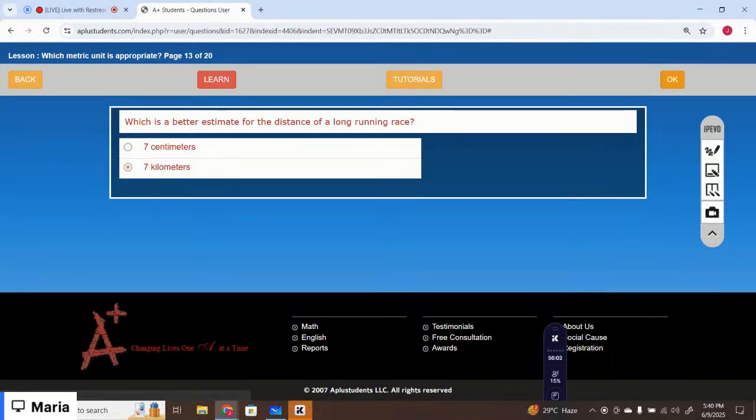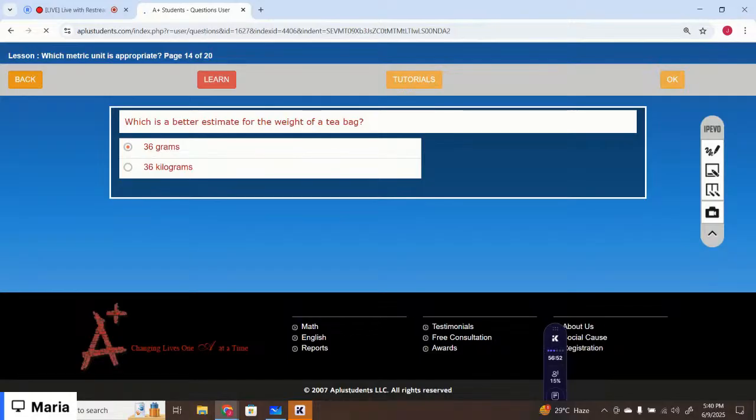Option number 2 is the correct option. Which is a better estimate for the weight of a tea bag? That is 36 grams. Option number 1 is the correct option.